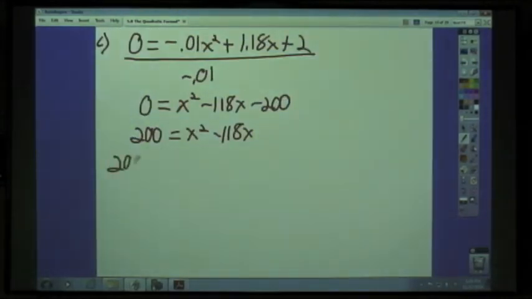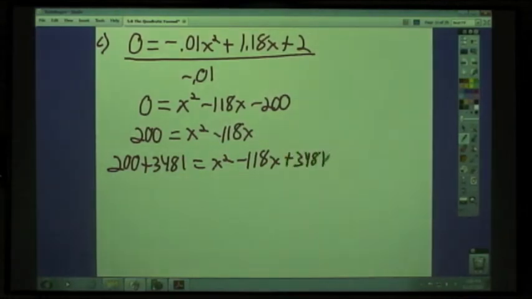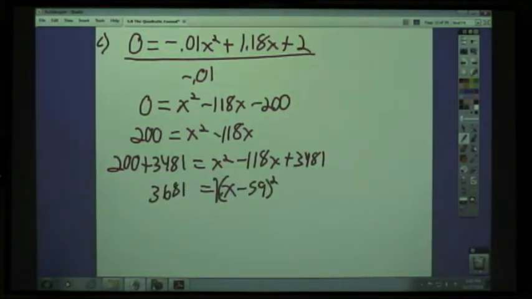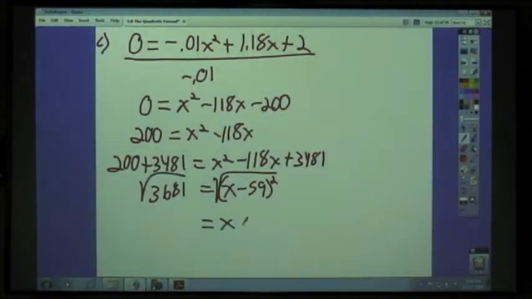So you're going to add 3,481 to the left, and you're going to add 3,481 to the right. The difference now is that once you get this x minus 59 squared, you are going to take the square root to find the solution here. You are not just going to try to find the function in vertex form. So you get x minus 59 equals plus or minus this big square root of this ugly number.